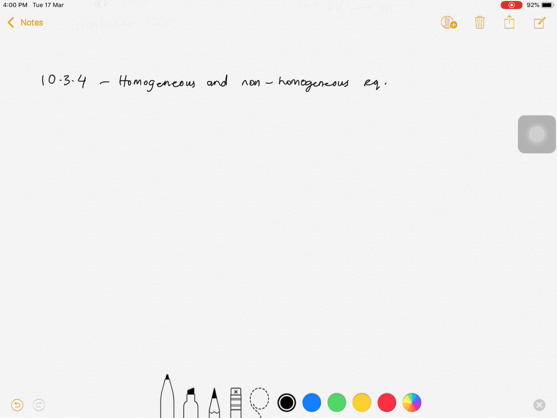So what is the difference between a homogeneous equation and a non-homogeneous equation? We go straight to example 10.4 to see the difference.